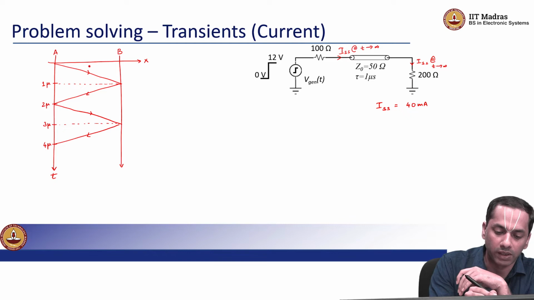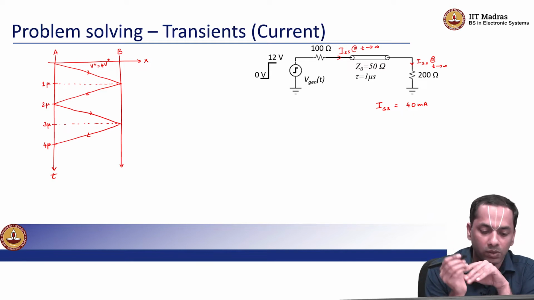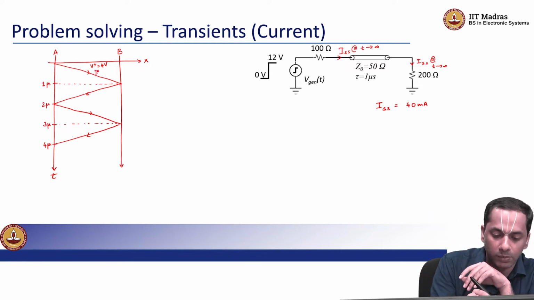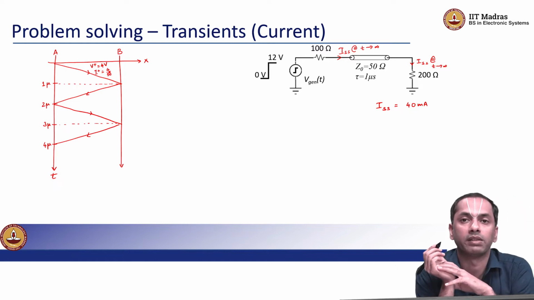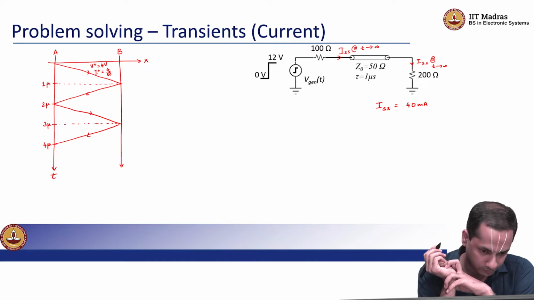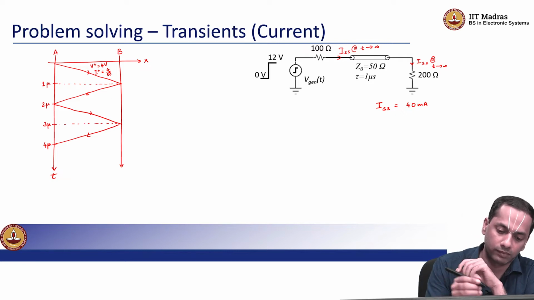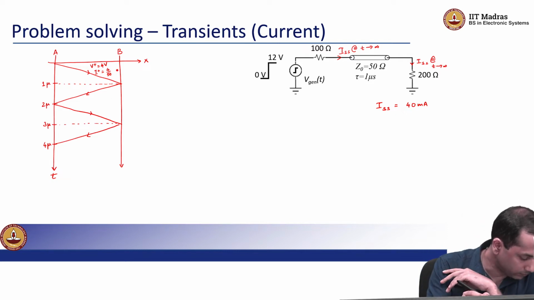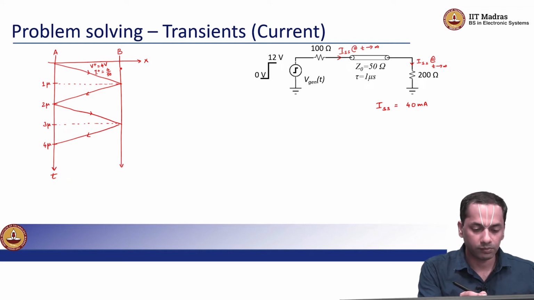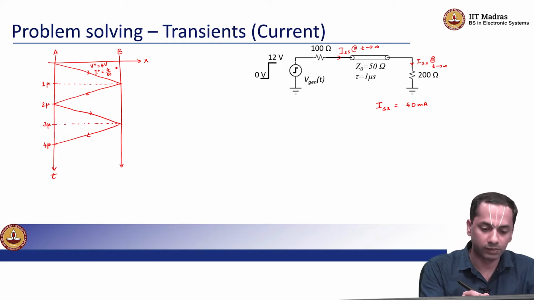So remember the V plus that we had going was 4 volts, right? So the current I plus would be 4 volts divided by the characteristic impedance Z naught, 50 ohms, right? So this would be 80 milliamps.